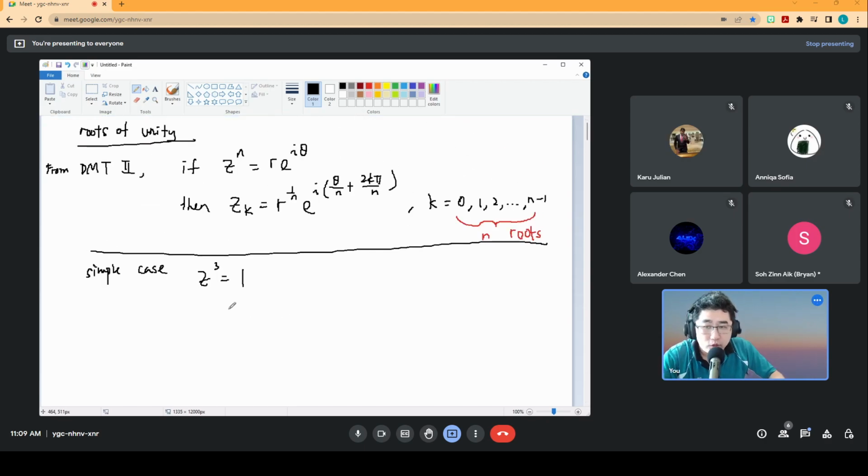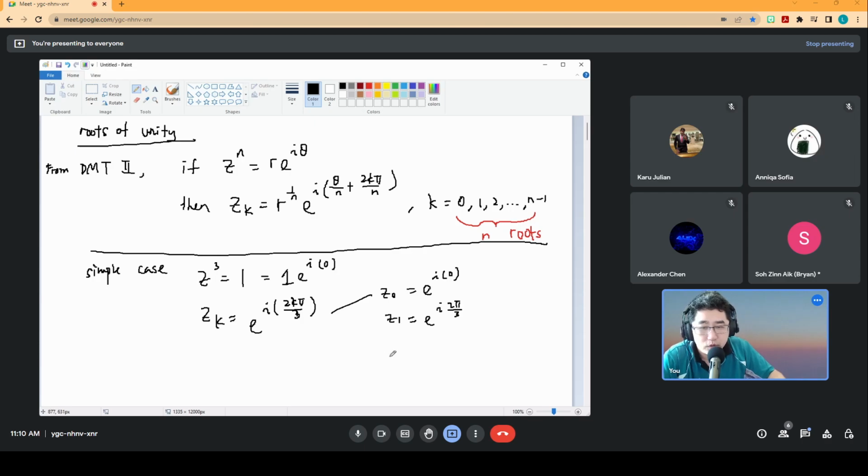So if z cube equals 1, then I will have zk equals 1e^(i0), so I have e^(i·2kπ/3). That means I will have 3 roots: z0 equals e^(i0), z1 equals e^(i2π/3), and z2 equals e^(i4π/3).